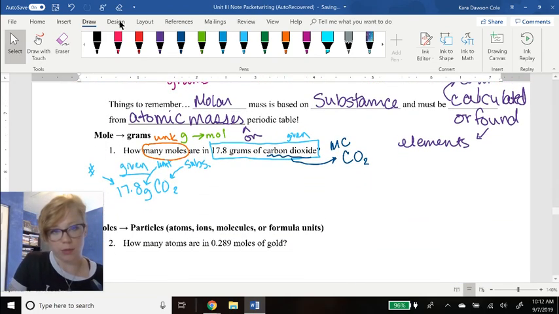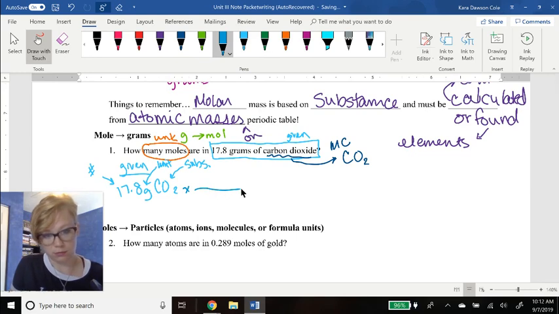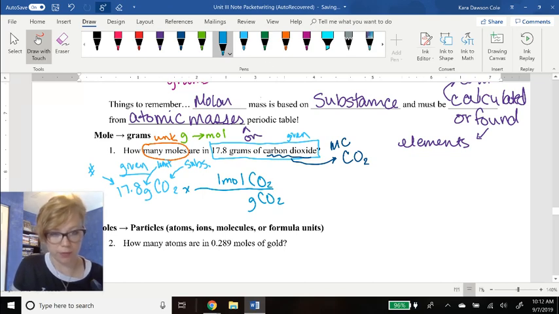So then I'm going to put times, and I've got to get grams of CO2 on the bottom and 1 mole of CO2 on the top. Now, I have to calculate this value.